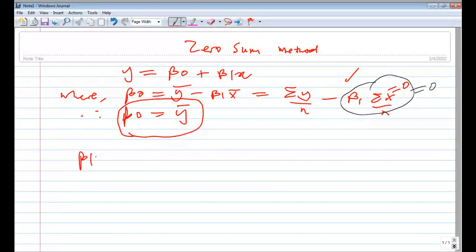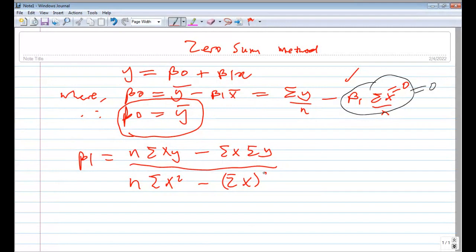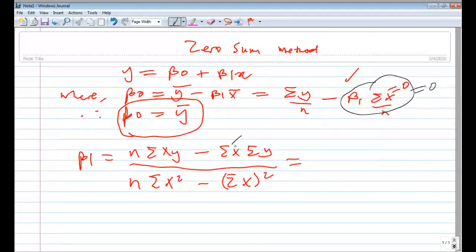The same applies to beta 1. If you want to calculate beta 1, you know that beta 1 is equal to n summation of xy minus summation of x, summation of y, all divided by n summation of x squared minus summation of x all squared. This is the formula for calculating the slope, or gradient. But now, because we are dealing with the zero sum, we know that the summation of x is equal to 0. So this part is 0, even here is 0.